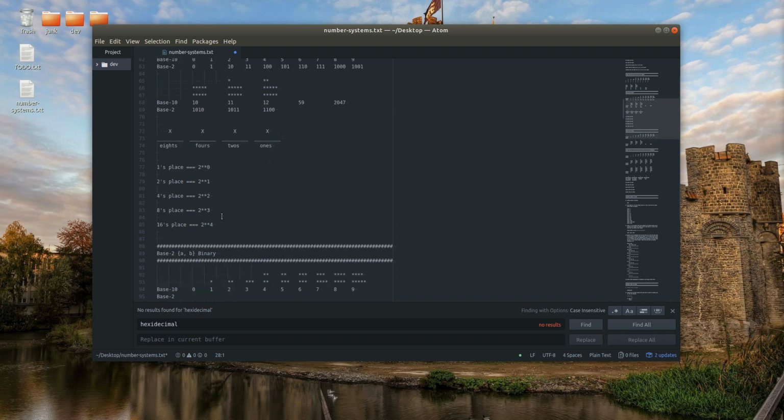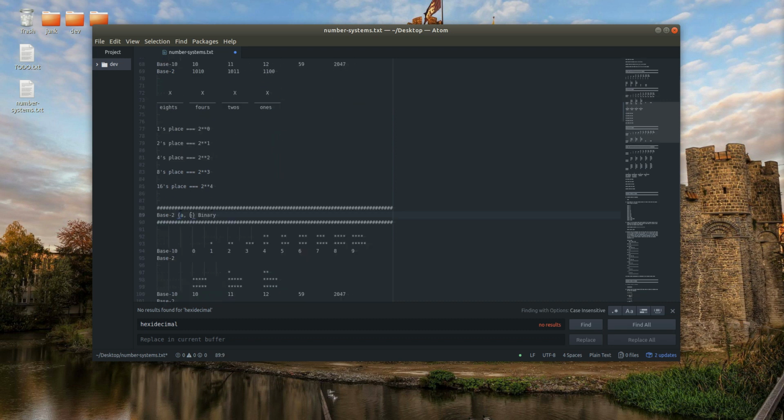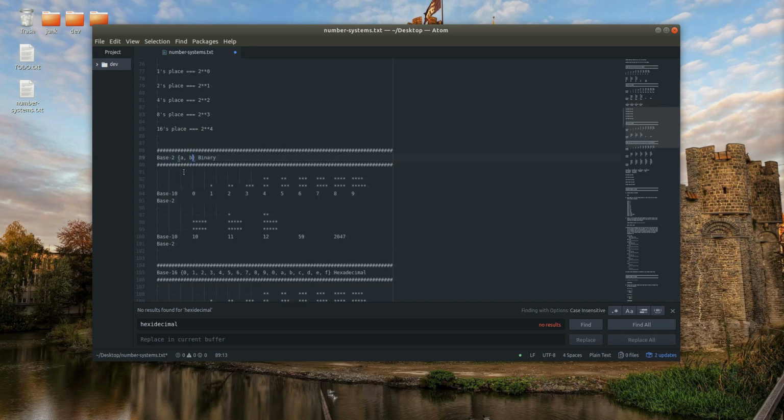Okay, so we can do the same thing with base 2 and replace the values 0 and 1 with A and B or any other character. Let's do X and Y. So in base 2, if X is 0 and Y is 1, and now we've run out of characters, so we start over.